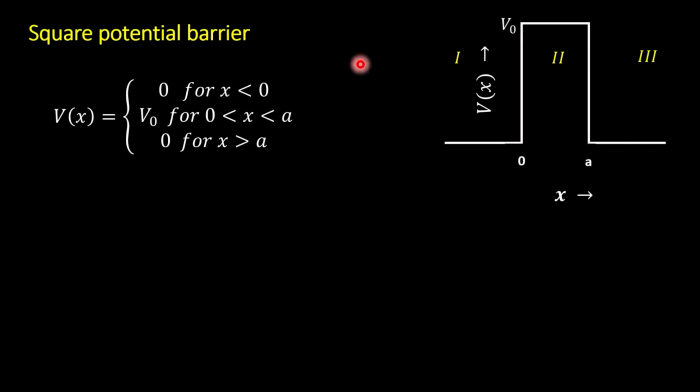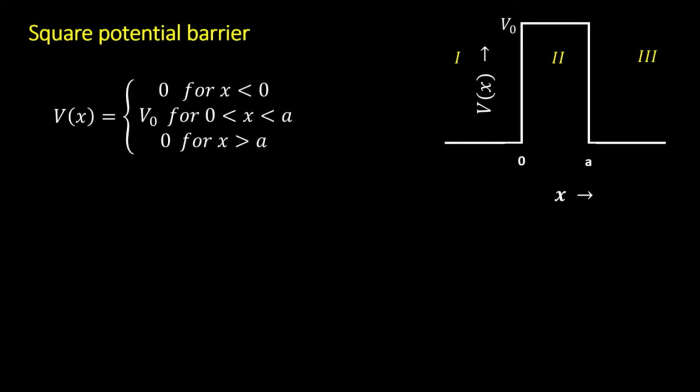So we basically have a beam of particles coming from the left side, that is in region 1 marked here, and then it encounters a potential barrier on its path when it tries to go to region 3. Here a is the width of the potential barrier and V0 is the height of the potential barrier.